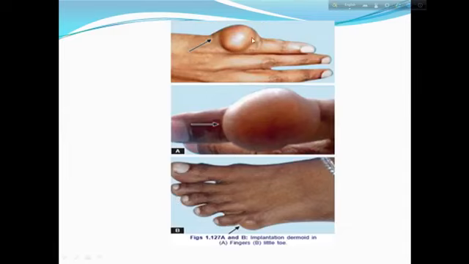This is an implantation dermoid at the base of the dorsolateral aspect of the finger. This is another implantation dermoid about the dorsal aspect of the finger, and this is an implantation dermoid in the dorsolateral aspect of the little toe.